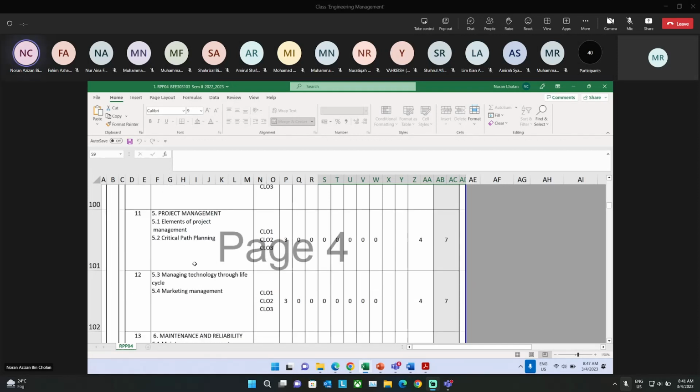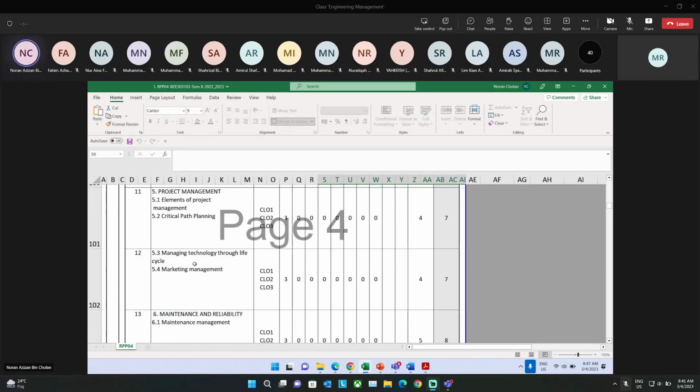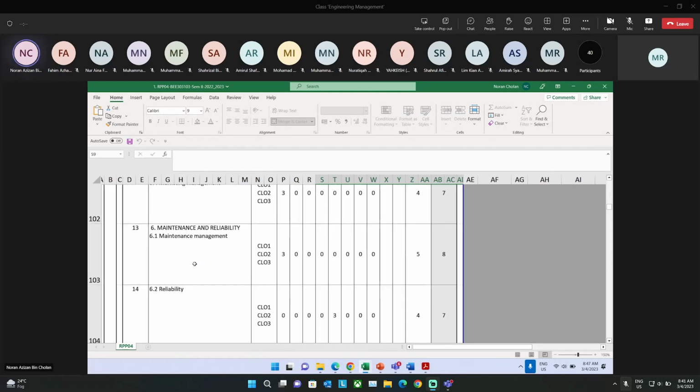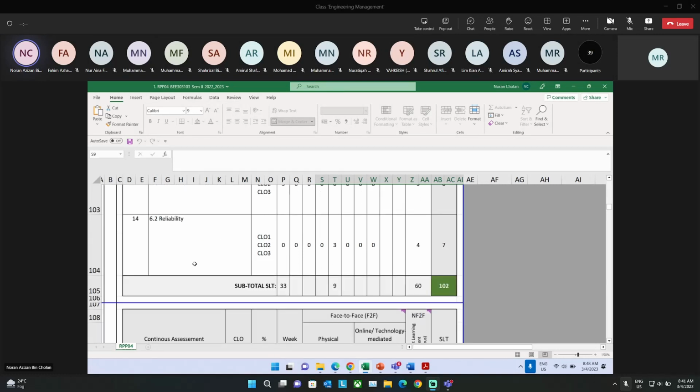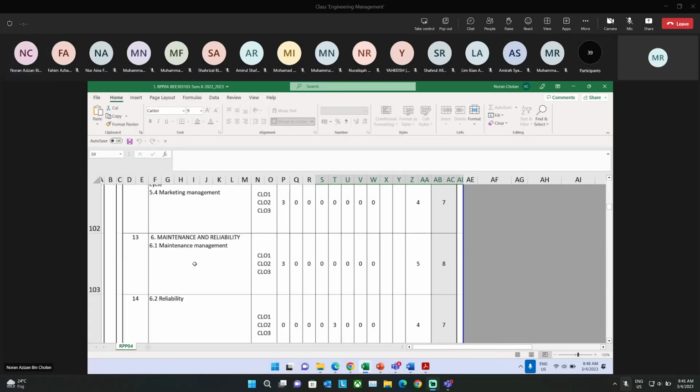Chapter 5 is about project management: the elements, path planning, and marketing. The last chapter is about maintenance and reliability management. So we have 6 chapters, and we will cover them within 14 weeks.